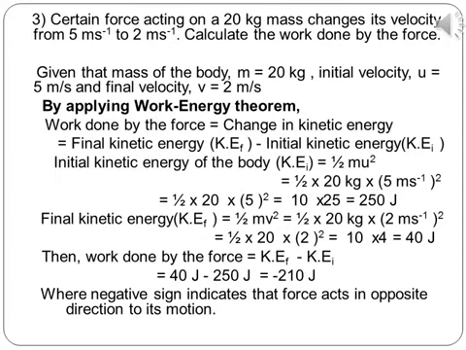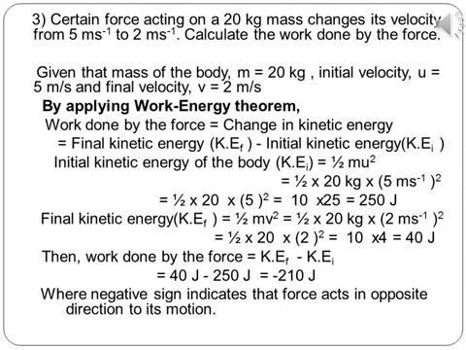Third question is, a certain force acting on a 20 kg mass changes its velocity from 5 meter per second to 2 meter per second. Calculate the work done by the force. The solution is, given that mass of the body m is equal to 20 kg, its initial velocity u is equal to 5 meter per second and final velocity v is equal to 2 meter per second.